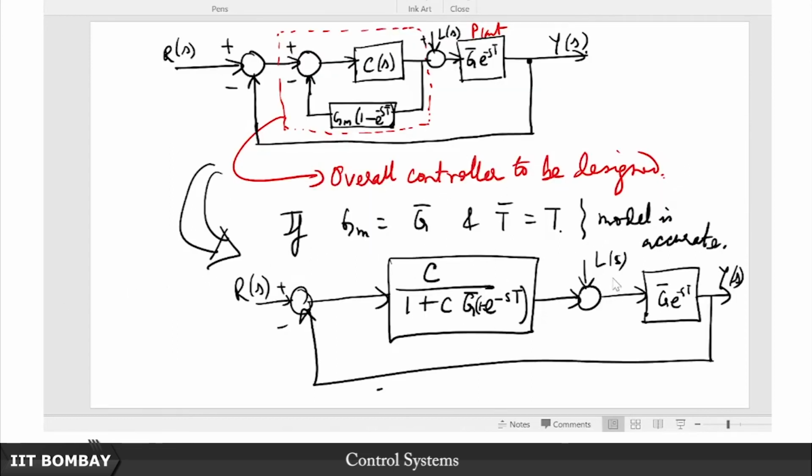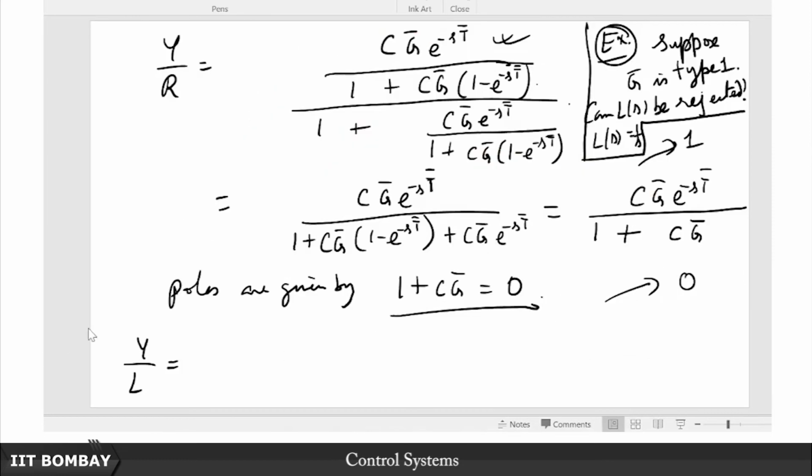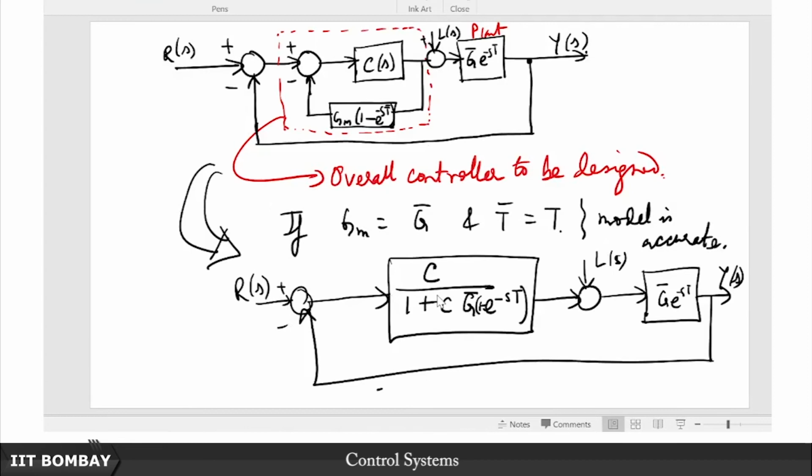So if I look at it from L to Y, what is in the forward path? G bar e to the minus sT. So let me just write that down here. It's G bar e to the minus sT. All right. What is in the feedback path? This, with a negative feedback, of course. So what can I write then?